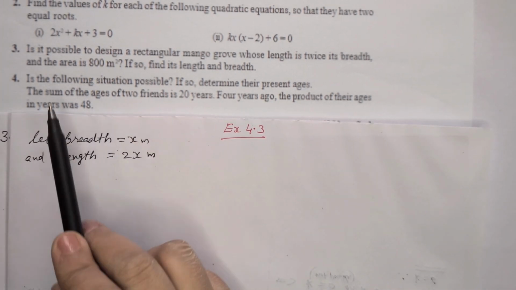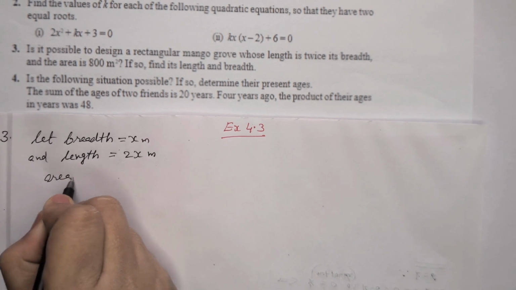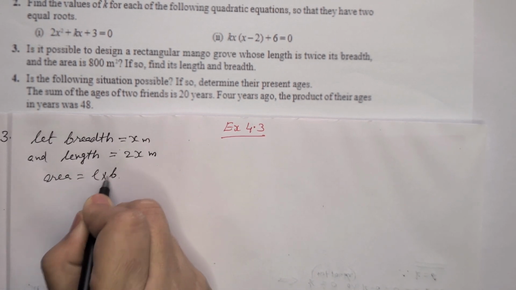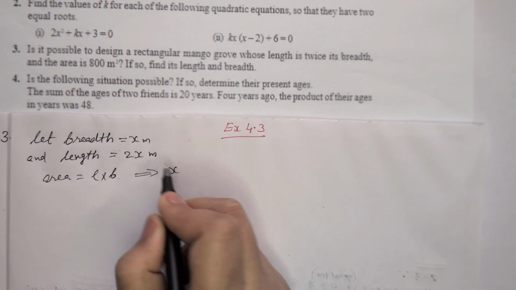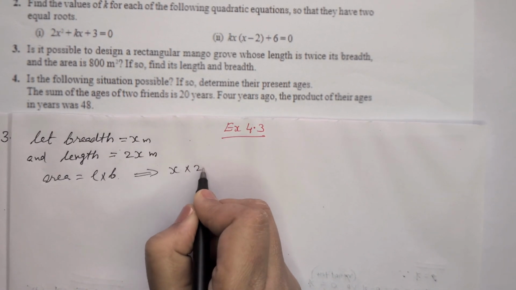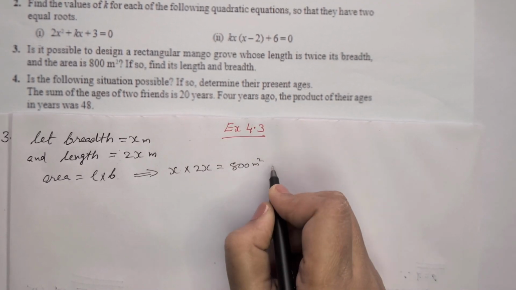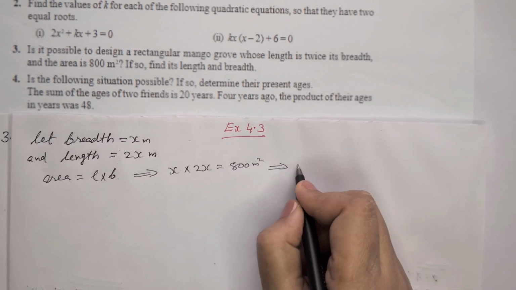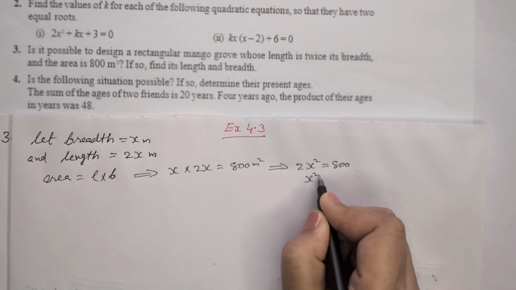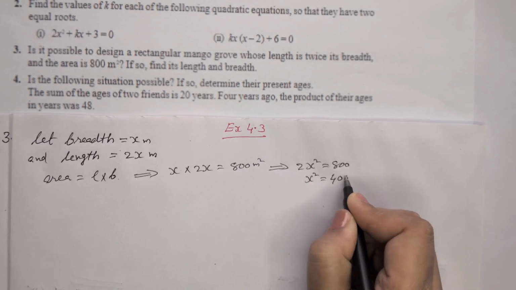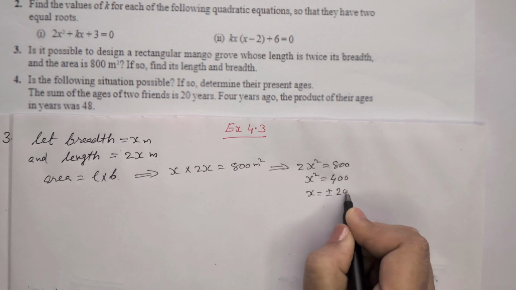We know that area of a rectangle is length into breadth, which implies x into 2x is equal to 800 meters square, which implies 2x square is equal to 800. That means x square is equal to 400. From that, x is equal to plus or minus 20.